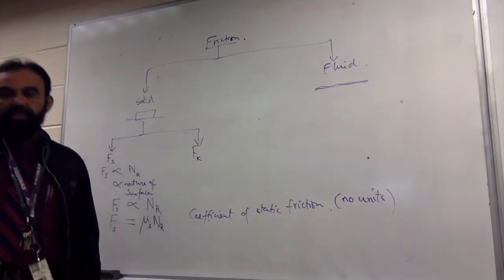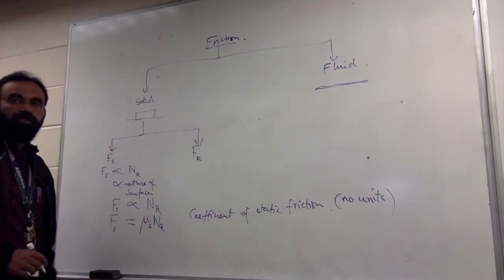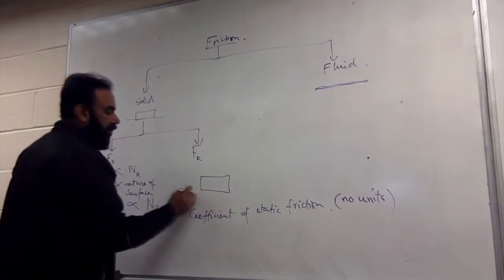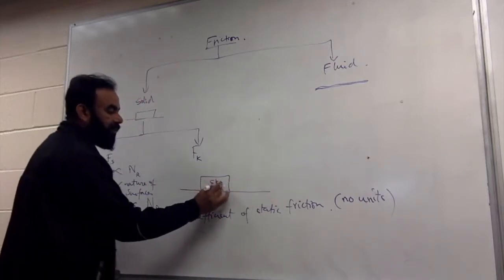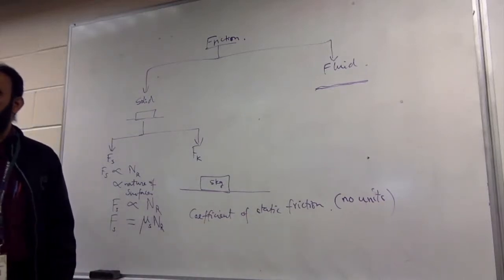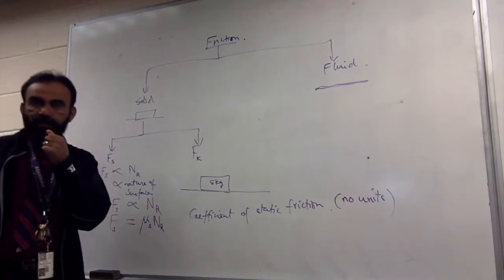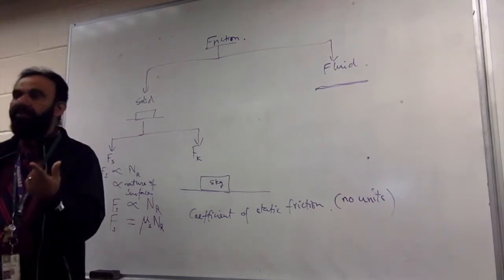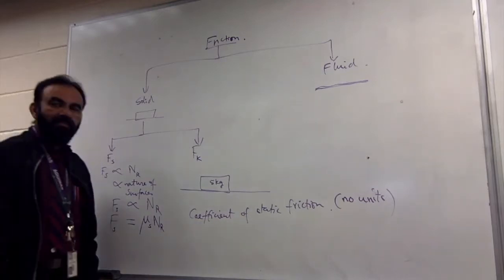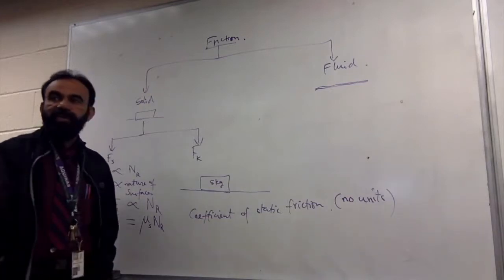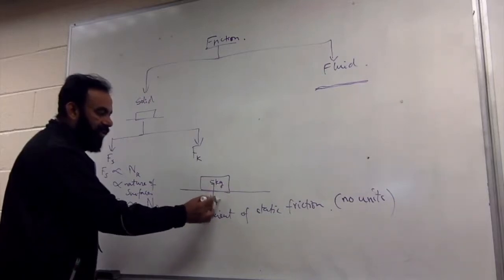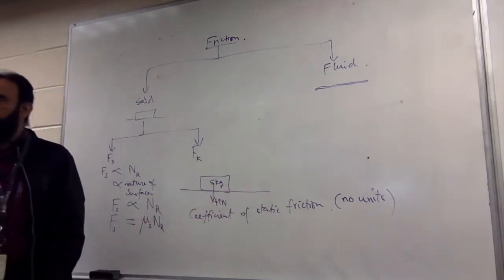For instance, I'm just giving an example now. When I tried to move the book on the table, let's say the book was 5 kilograms. What is the normal reaction? Before you decide that, find out how much the book is applying on the surface. 9.8 times 5, because 5 kilograms means this book has a weight of 49 newtons.